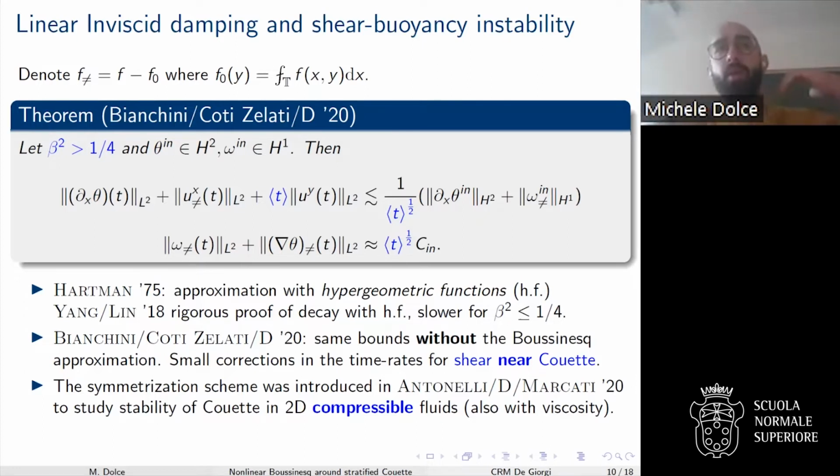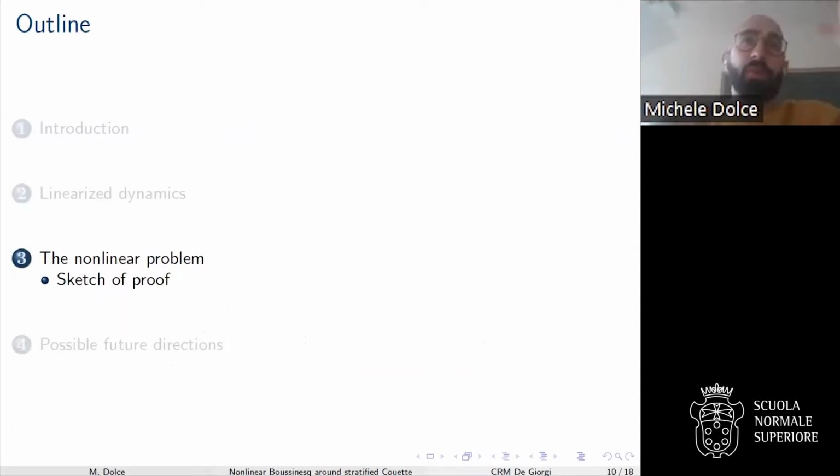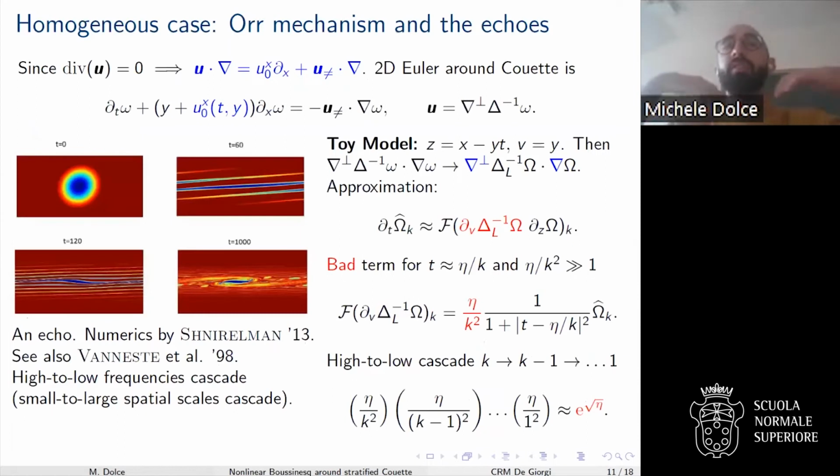Now, once we have sort of understood what's going on at the linearized level, let us move on to the nonlinear problem. In this slide, I'm trying to show you what happens in the homogeneous case.